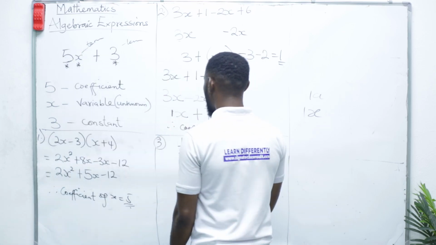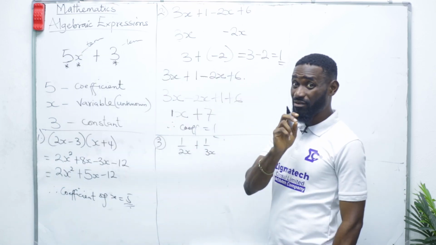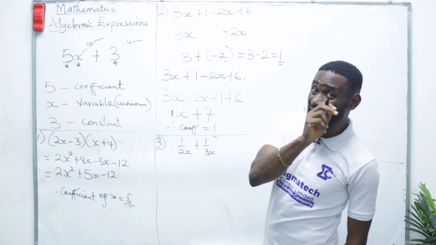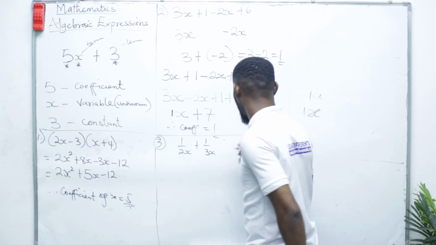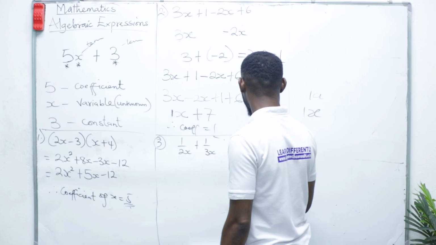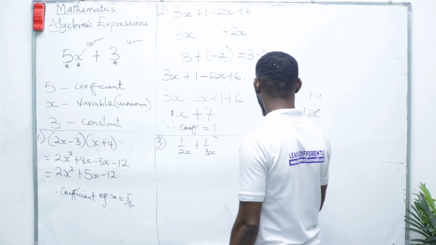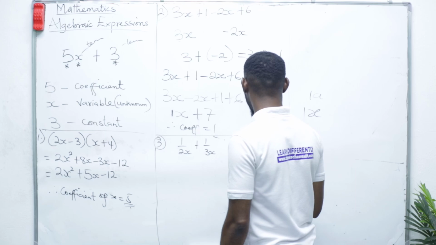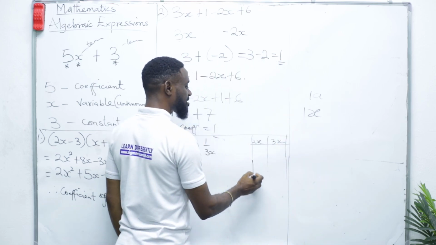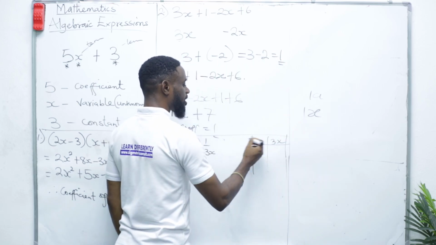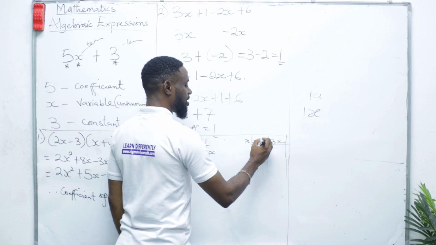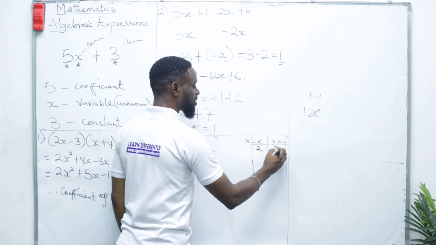Now, how do we find the LCM? We can find the LCM of algebraic expressions also. So this is 2x and this is 3x. From the LCM, x is common here, so this can be x. This will now be 2 and this will now be 3.